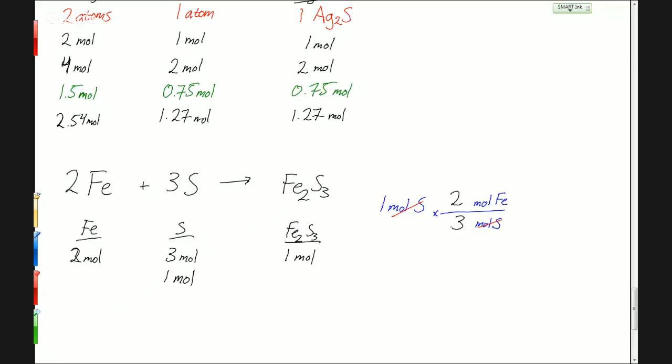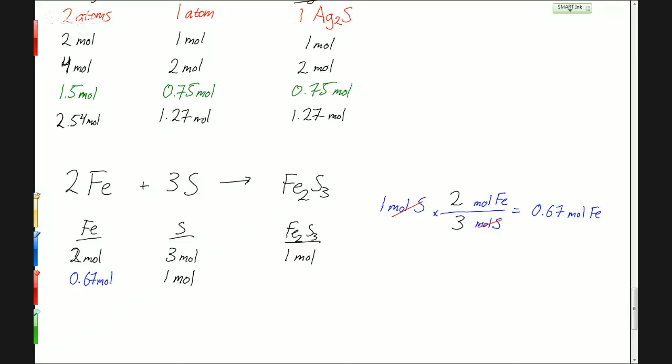And so then you do that equation and you get 2/3, or about 0.67. And that's how much Fe we would need. So we treat it just like with those other conversion questions, and that helps us find this.